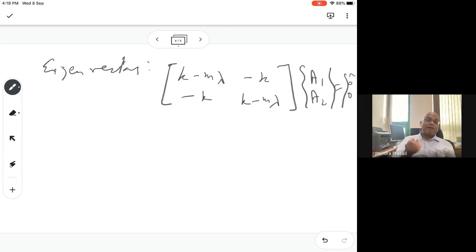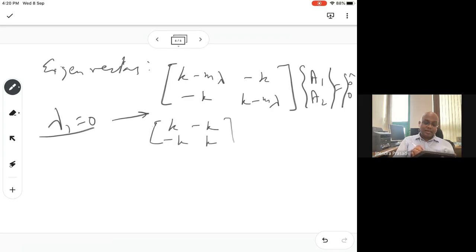Now lambda we know. So first lambda 1 is equal to 0. So put that value there. So what do we get? If lambda equal to 0, we get k, minus k, and then a1 a2 is equal to 0 0.